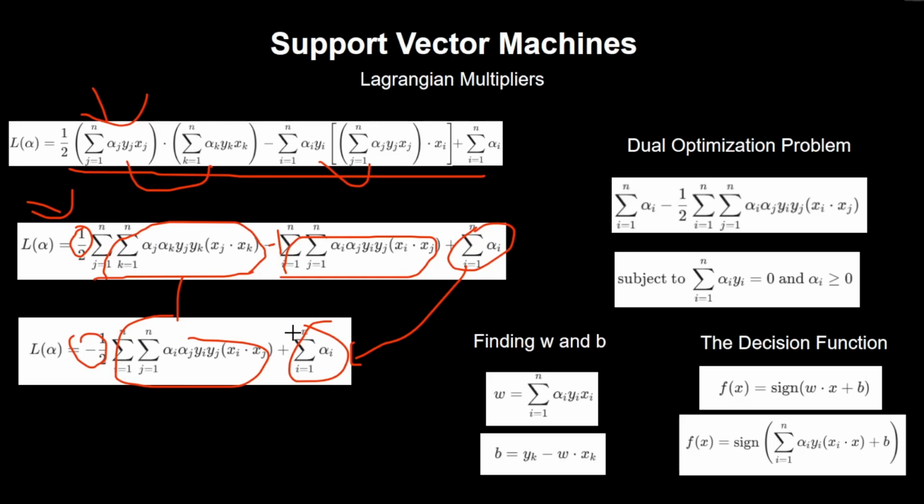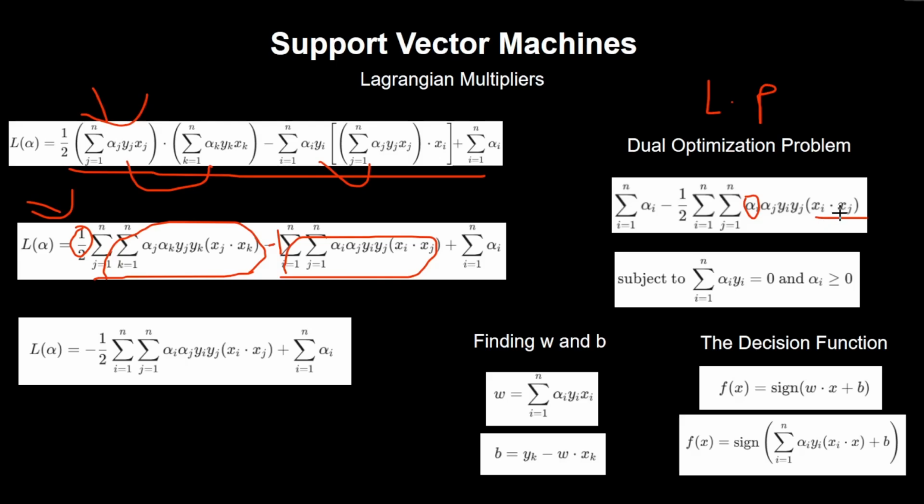So what we derived here is called the dual optimization problem. In the Lagrangian equation, we had only the terms consisting of the variables w, b and lambda. Here, in the dual optimization problem, we have the equation consisting of only the alpha, the Lagrangian multiplier, and the dot product of the input terms.